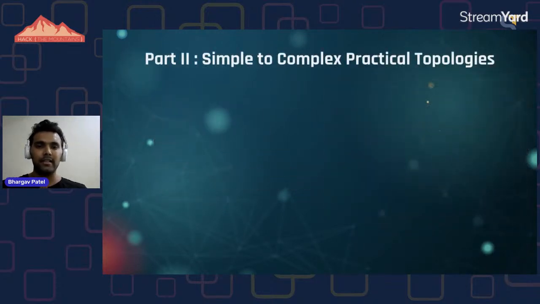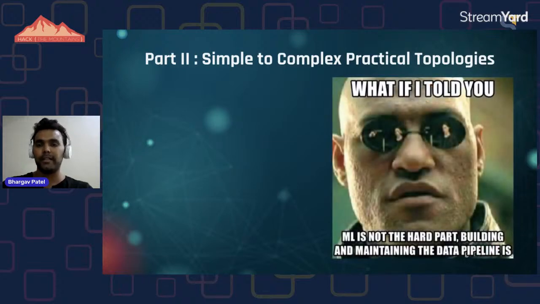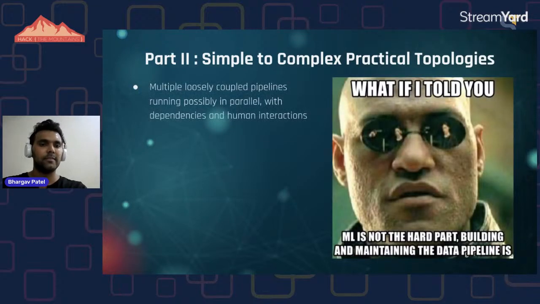The second one is simple to complex practical topologies. What does it mean, right? Let's say you are running multiple loosely coupled pipelines on the cloud, and there are certain things going on parallelly, and it involves human dependency and component dependencies. Whenever human interaction is involved, productivity decreases, because every human works differently.